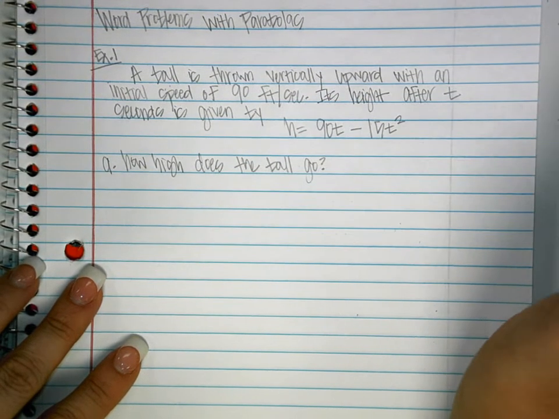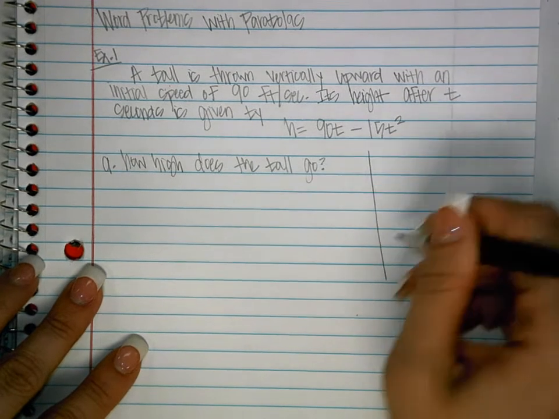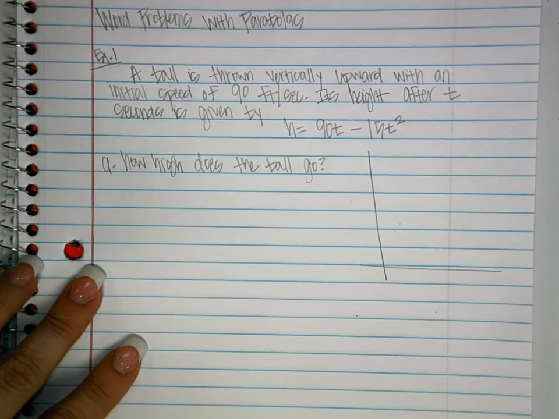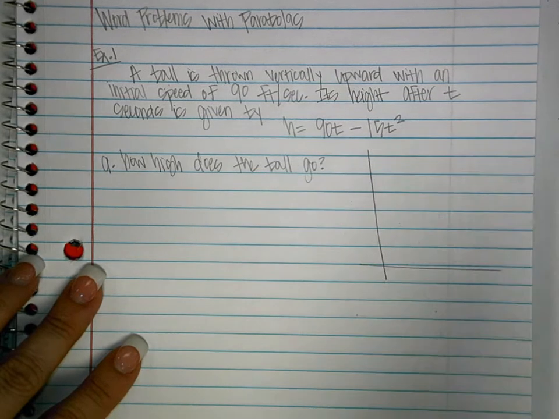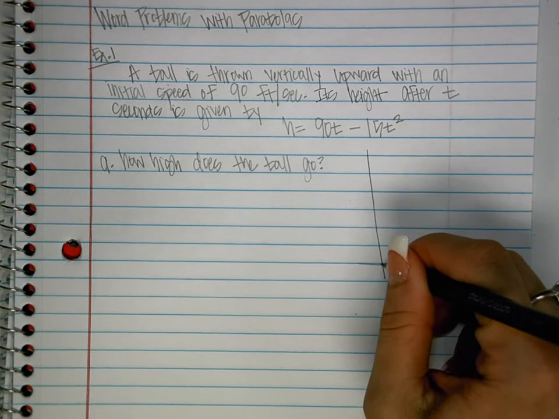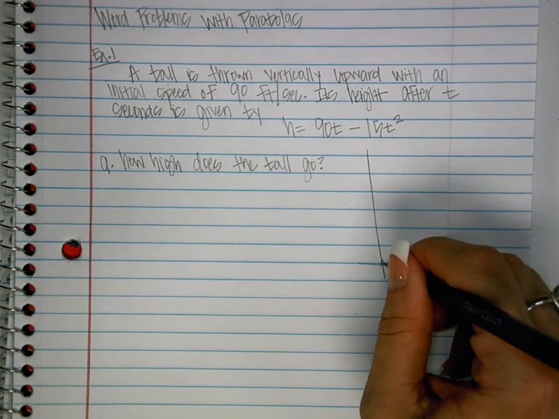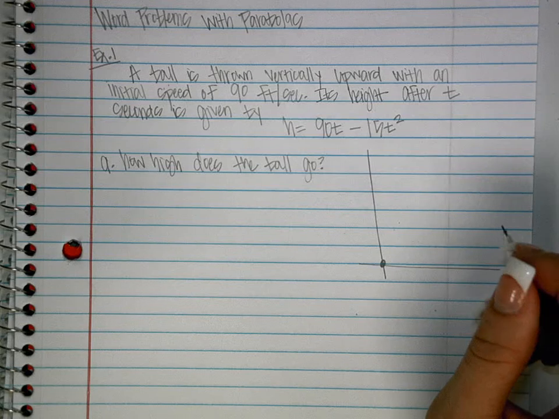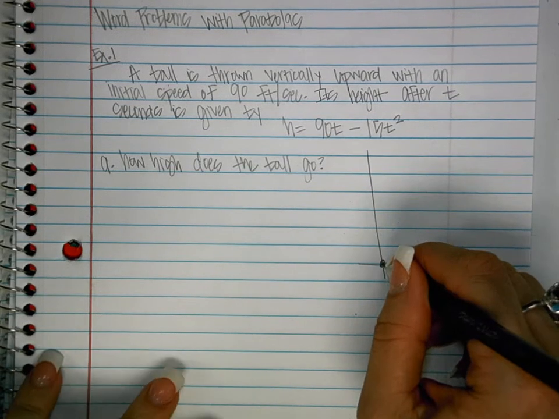Essentially we are making a parabola. If I throw something, it is going to be thrown up and make a parabola shape. We do know that this starts from the ground, so we're starting at 0.